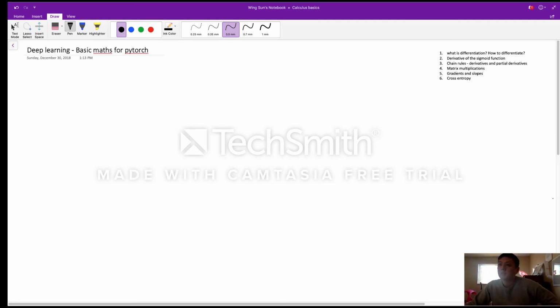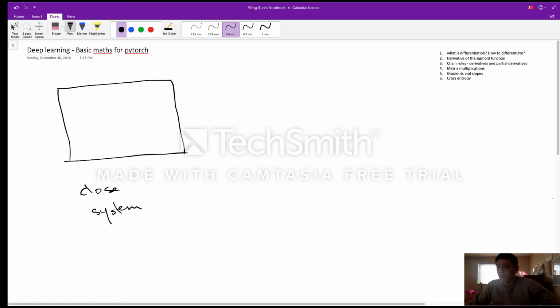So entropy, if you look at a system, right? Let's say you have an enclosed system, a closed system. Basically, in physics, a closed system is one where there is no external force or external energy that goes into this square box.